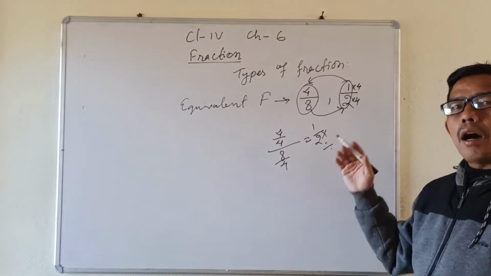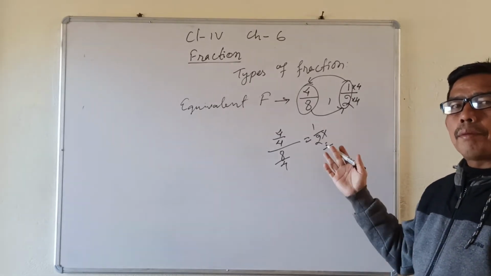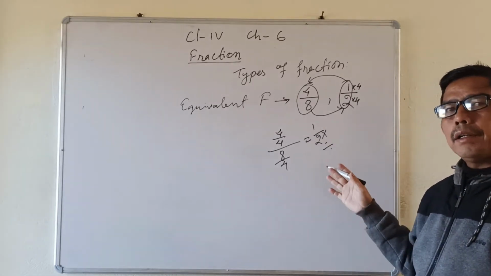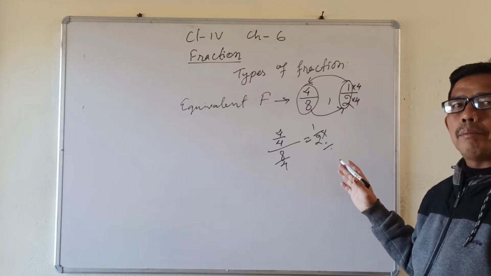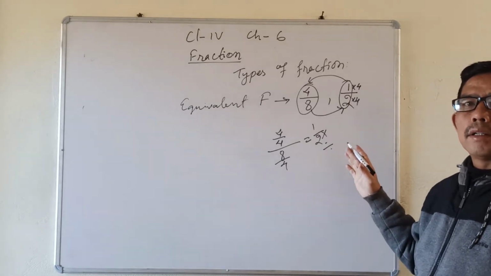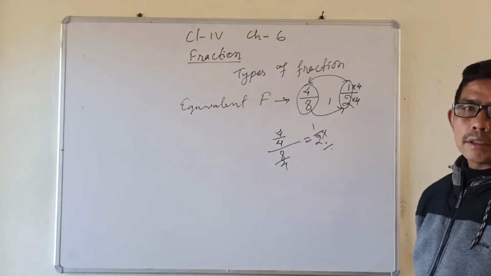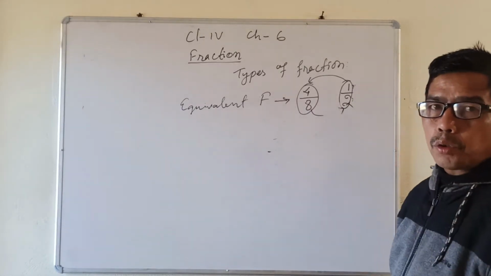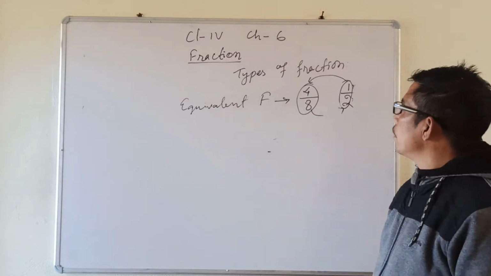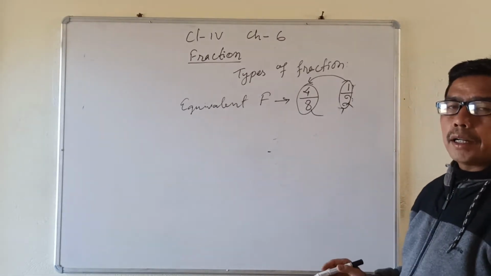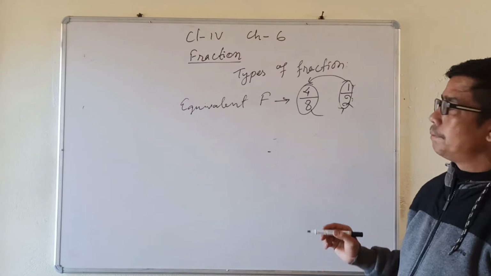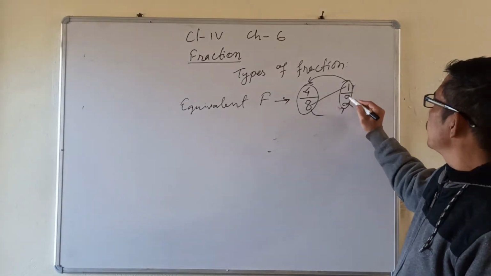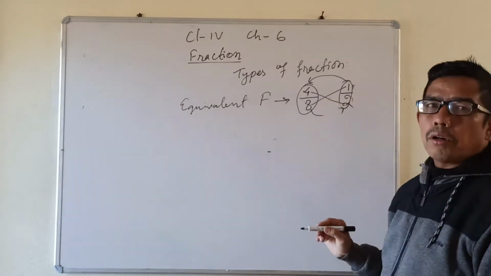So if you can obtain one fraction from the other by multiplying or dividing both numerator and denominator by a number, then the fractions are known as equivalent fractions. And one very important property of equivalent fractions is that the cross multiplication, that is, this into this and this into this, should always be equal.